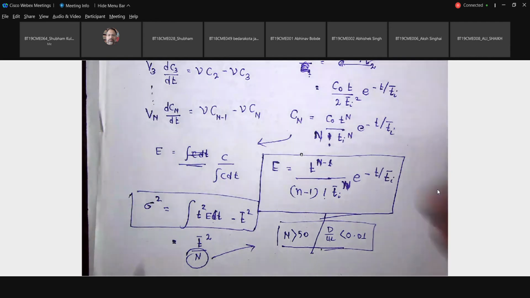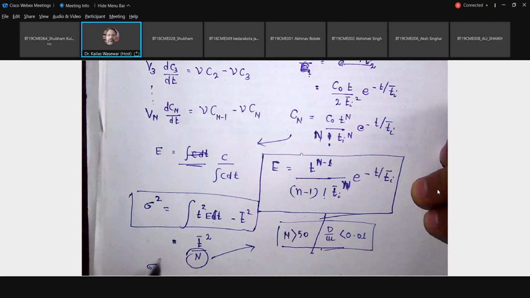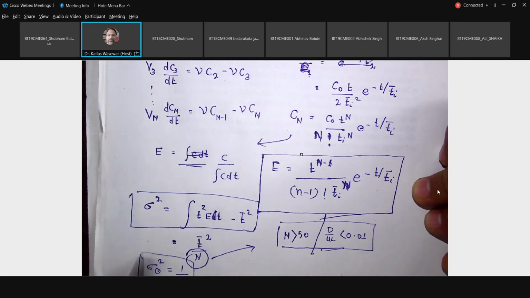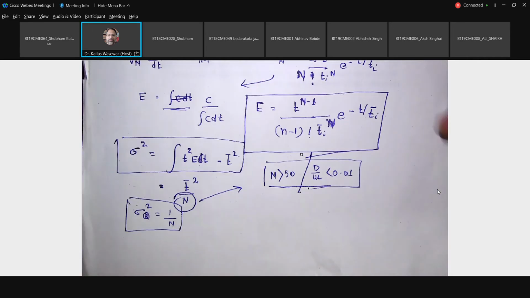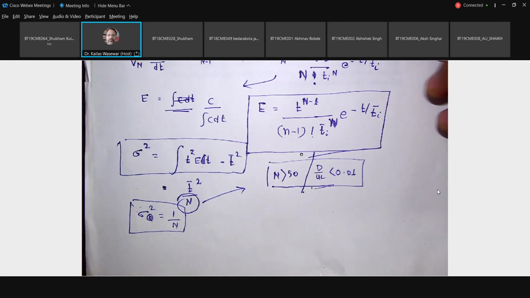So these you can write in dimensionless form. So sigma theta squared will be equal to 1 upon n. This is the property that we can get from the tank in series model. Further, there are other properties you can see from this particular figure.